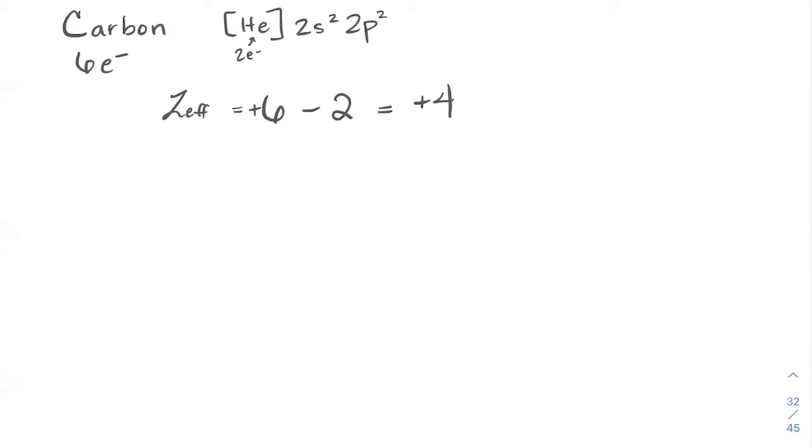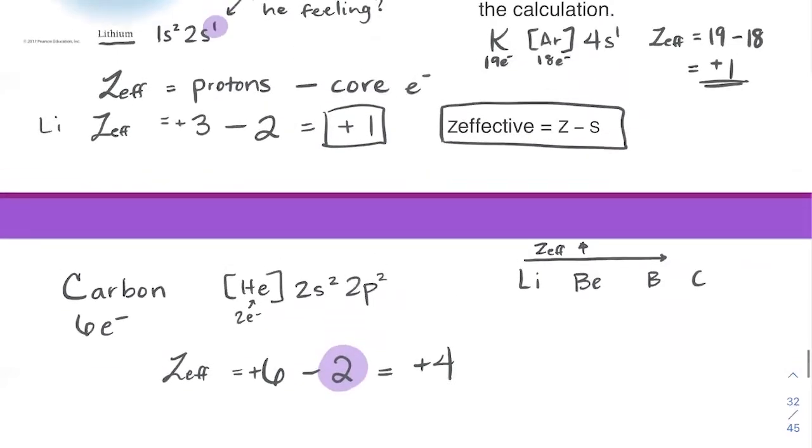Notice that on the periodic table we have lithium, beryllium, boron, carbon. So as we move across the periodic table from left to right, Z effective increases. The reason for that, notice the number of core electrons that we had for carbon and compare it to the number of core electrons we had for lithium.